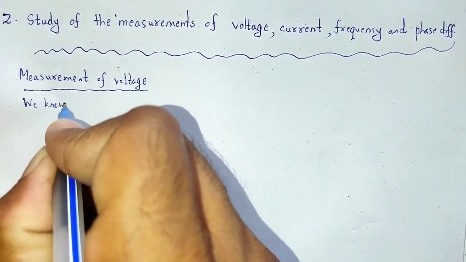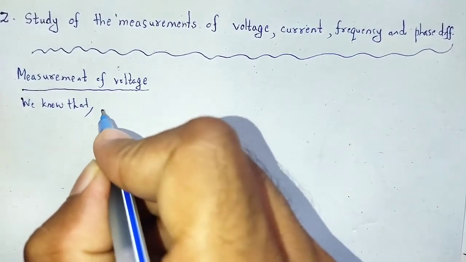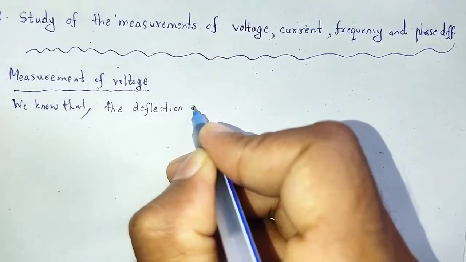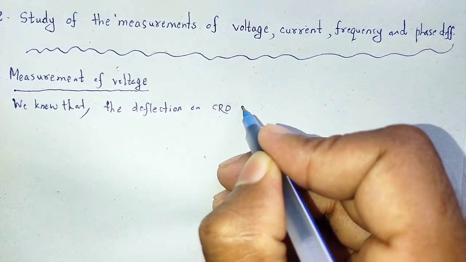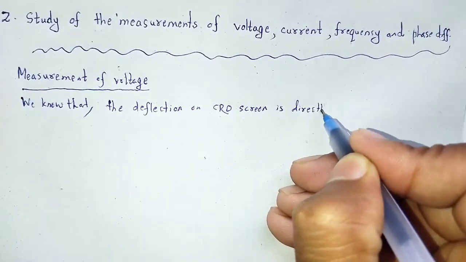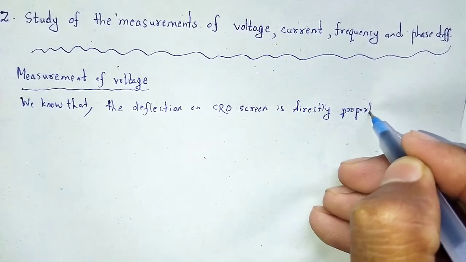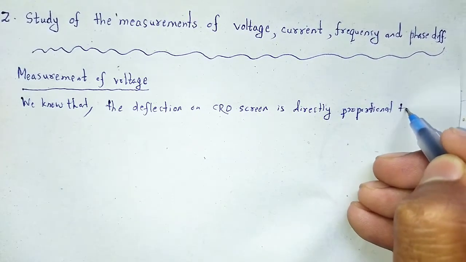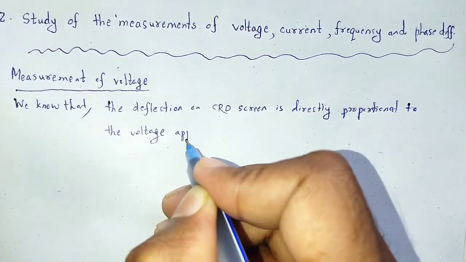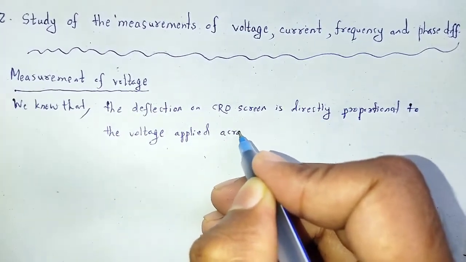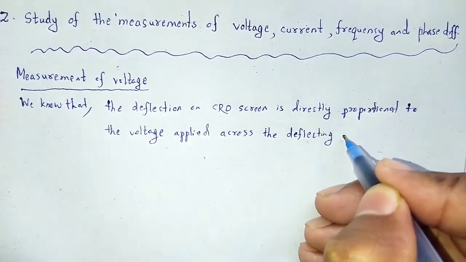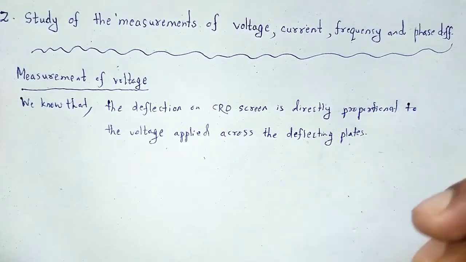So, the deflection on the cathode ray oscilloscope screen is directly proportional to the voltage applied across the deflecting plates, two pairs of deflecting plates, horizontal plates and vertical plates.